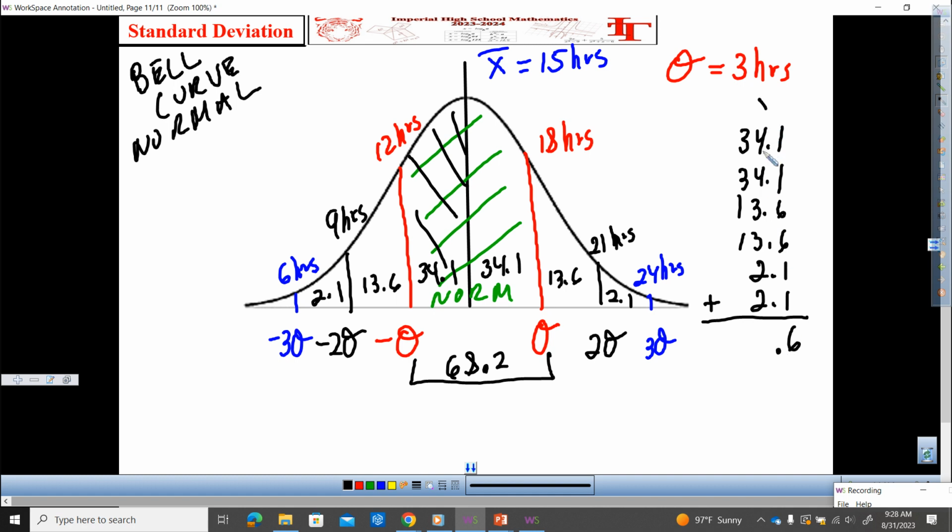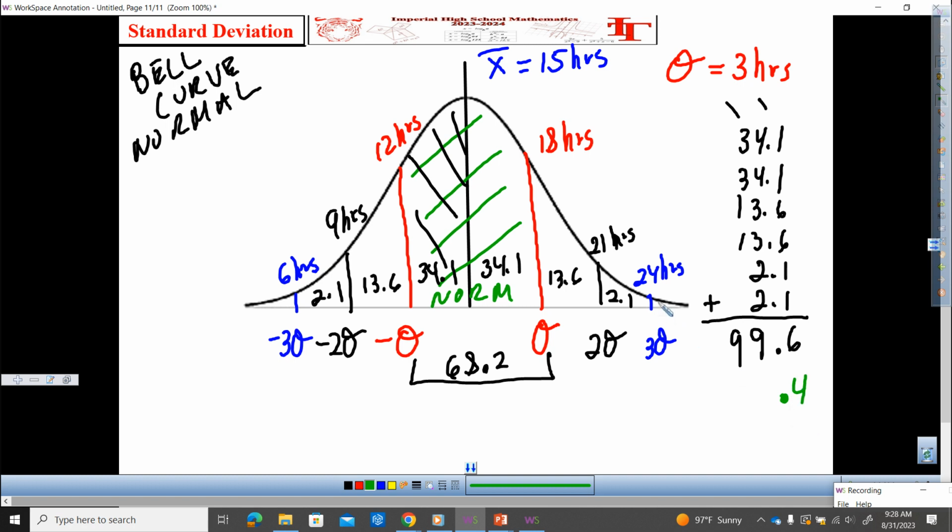Carry 1. 8, 9, 10, 11, 12, 15, 19. Carry 1. 3, 6, 7, 8, and 1 is 9. How much percent is that total up to right there? 99.6. Which means how much are we missing? We're missing, Mr. Q, 0.4.